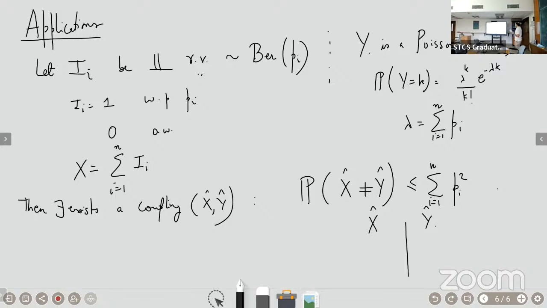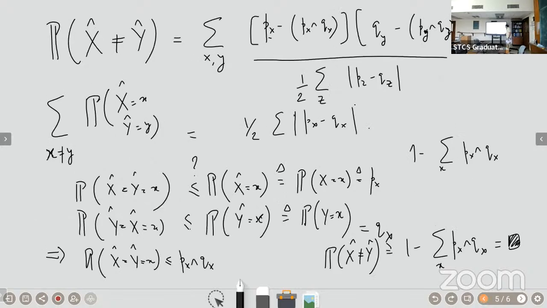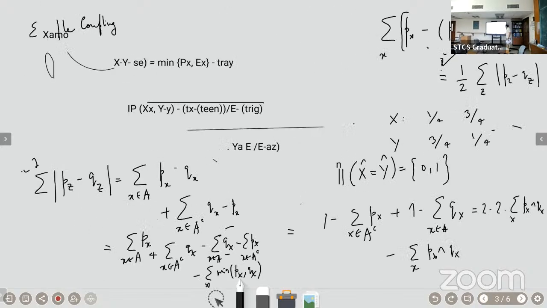So what was our maximal matching? We had a specific construction for maximal matching, that they match with a certain probability, otherwise not matching.